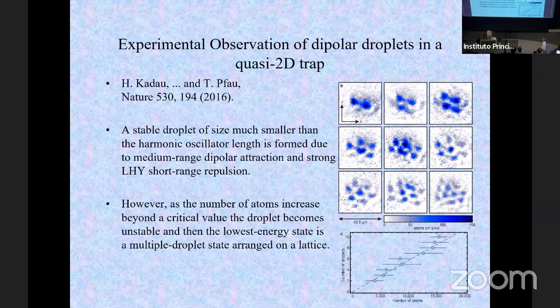But in this paper, they did not care about supersolidity. They were more surprised, and it drew a lot of attention, because the system did not collapse but formed droplets. And these droplets typically had some 10,000 atoms, something like that.